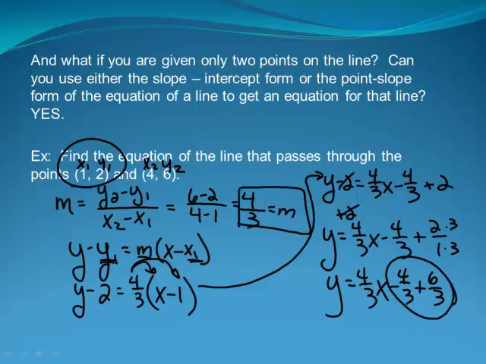Combine your numerators as you now have a like denominator. -4 and plus 6 is a positive 2. So we've got as a final answer y equals 4/3 x plus 2/3 as our final answer.